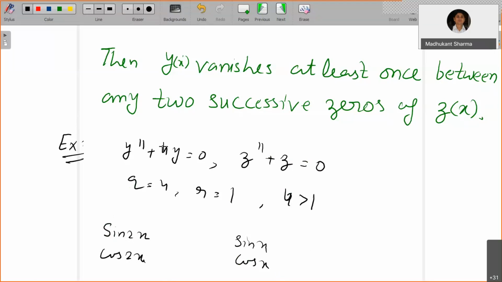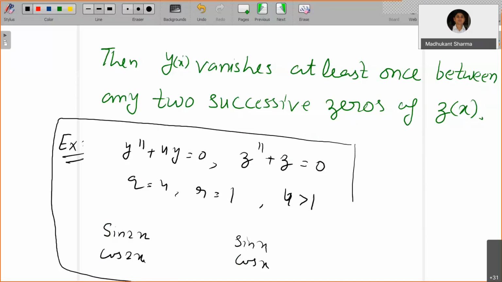Now instead of 4, you can take 9, sin 3x, sin 4x, and so on. You can try to plot both curves, sin 4x versus sin x, sin 2x versus sin x, and so on, and you will immediately get the flavor of this result. Okay, so right.